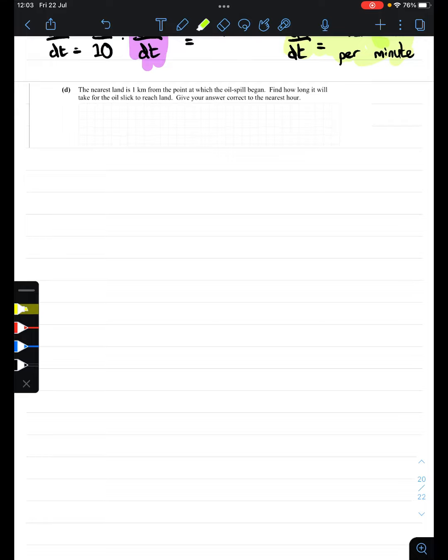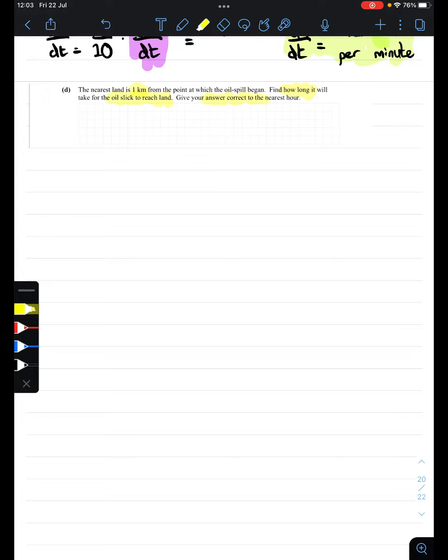Okay, now, final part. The nearest land is 1 kilometer from the point at which the oil spill began. Find how long it will take for the oil slick to reach land. Answer correct to the nearest hour.